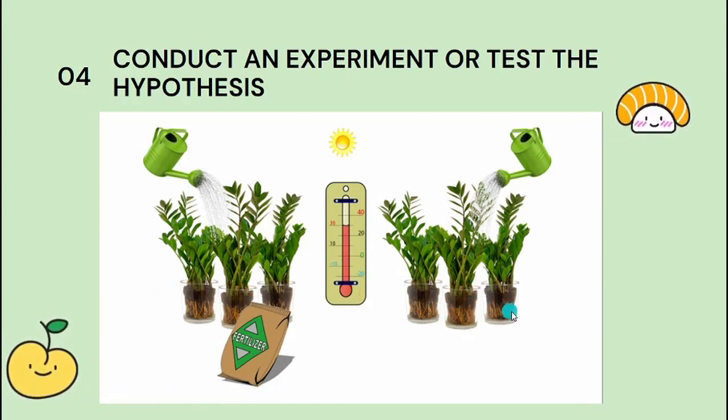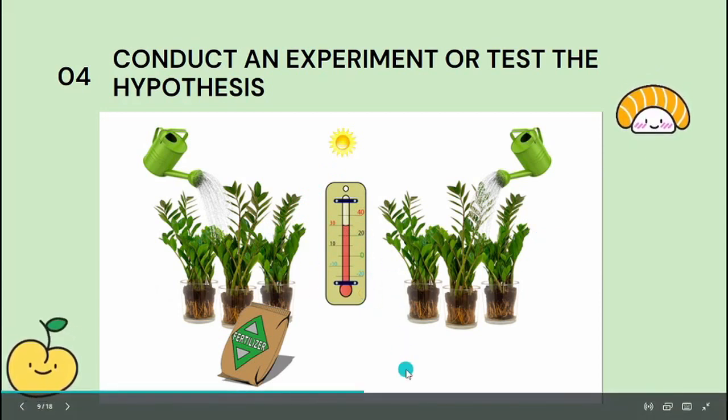They have the same type of soil. They have the same size of pots. Okay? They are also exposed to the sunlight and they are receiving the same amount of sunlight.